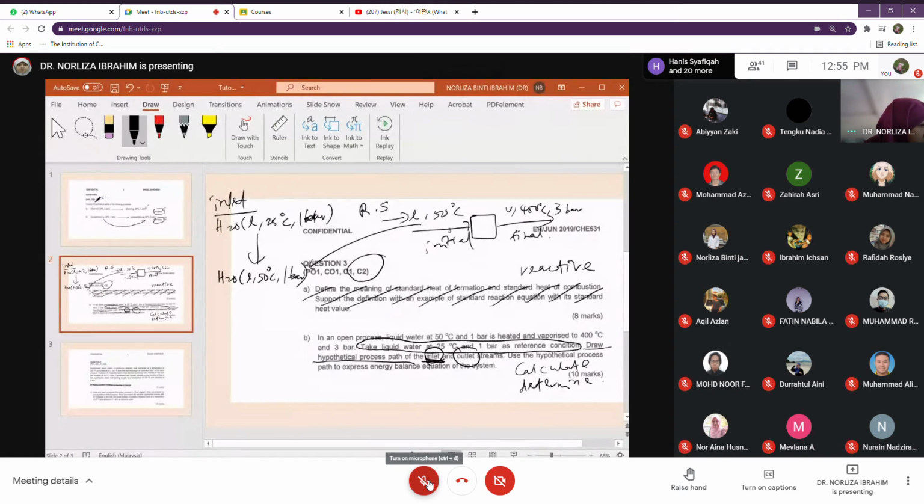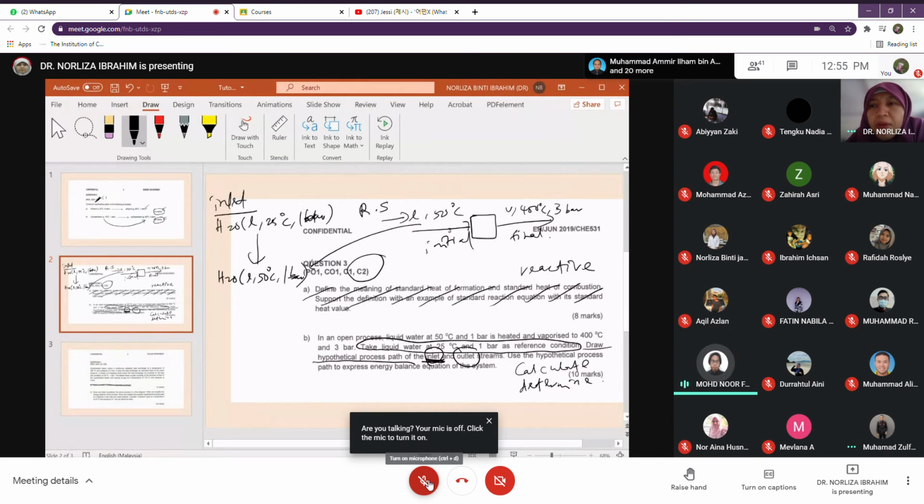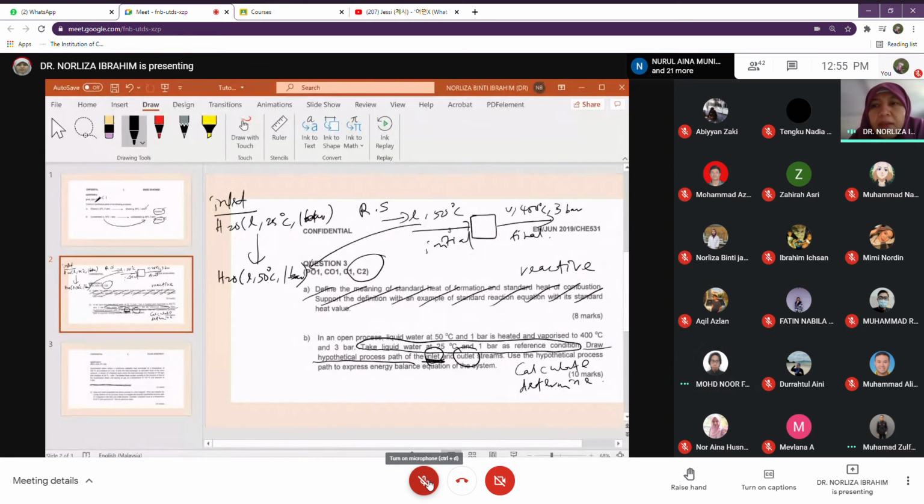4. Outlet 4. Who answered 4 just now? Me, Faiz. Okay, where does it start, Faiz? Start from the reference state. After the reference state, what is the first step? Increase temperature.